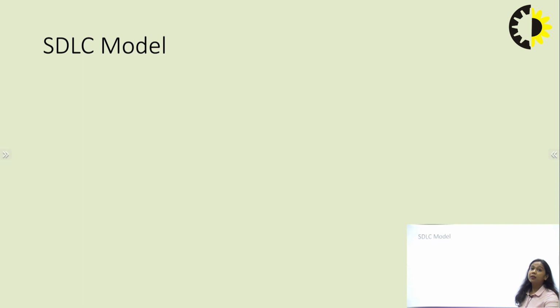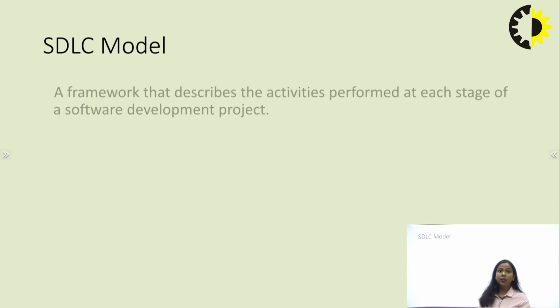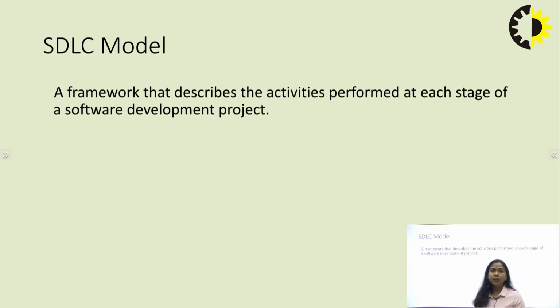Now, what are the different SDLC models, the software development models? Why do we require different software models? To touch the CMM levels, meet their benchmark and the standard of the complete software, we require the software development cycle.